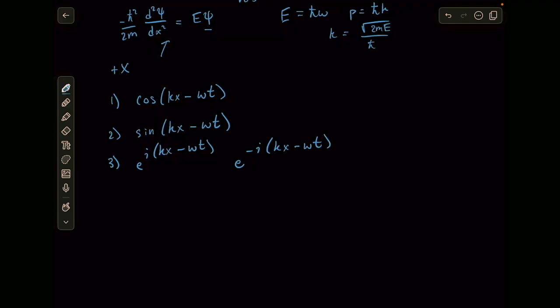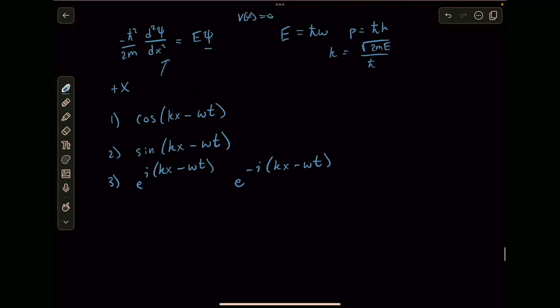And these are all the different ways that you could have a matter particle traveling in the positive x direction, based simply off the solution to this equation and then adding the time dependence.